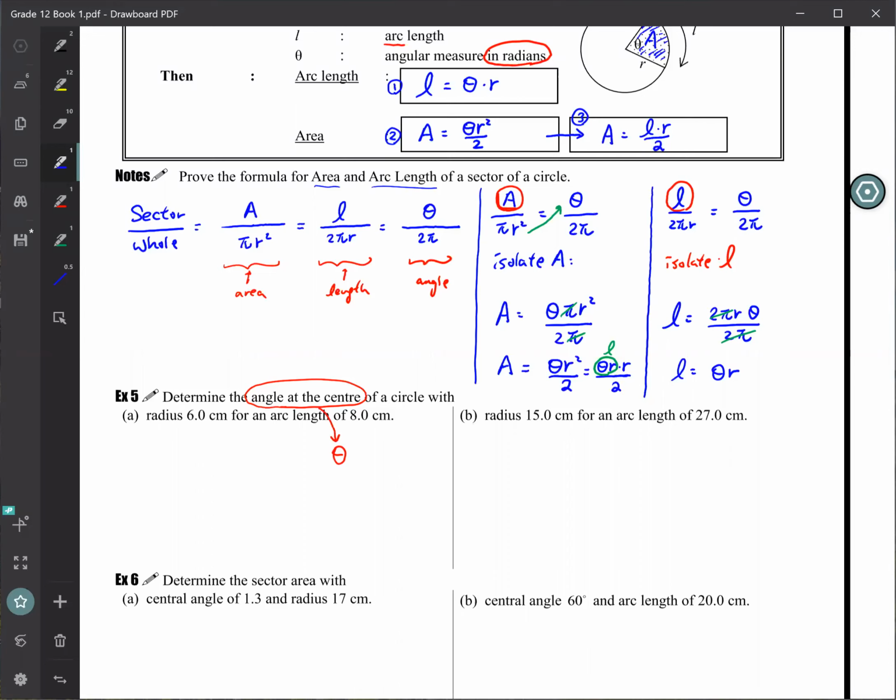Okay, William, which one did you choose? The arc length one. Okay, so number one, right? Yeah. And then Tiana, what's your answer?